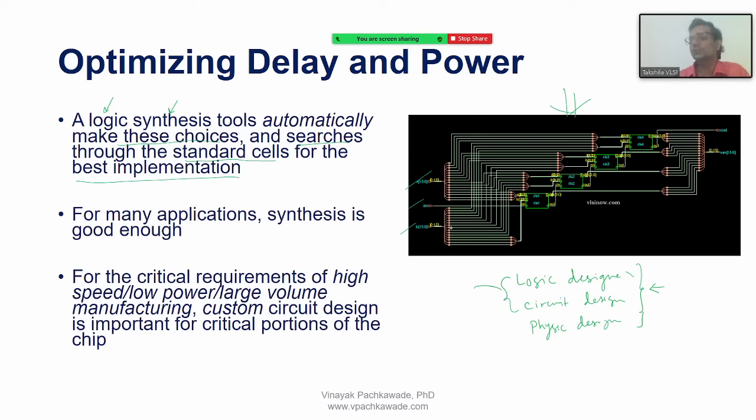We don't need to understand how the code is written, because that's a different topic, but we just need to know what is happening in the logic design team and in the circuit design team. So they define inputs and outputs, they define the clock, they define some time constraints, they define some power and delay. Power and delay optimization will be taken care of by the logic synthesis tool, and this is the automated diagram that will be generated. So logic design is done.